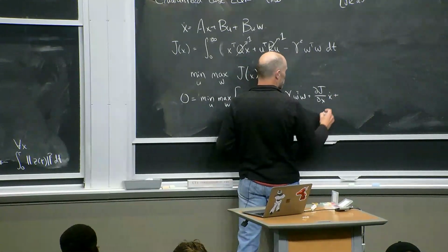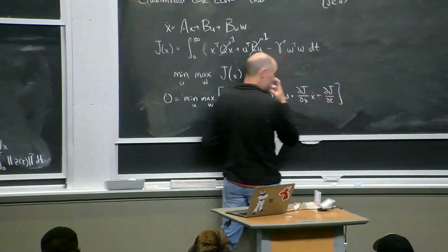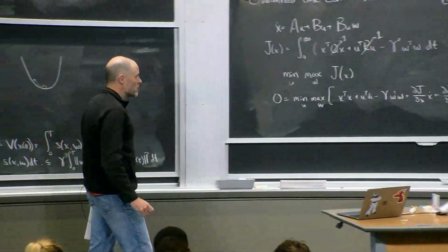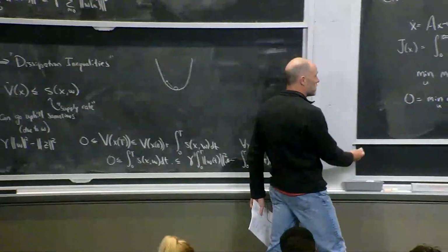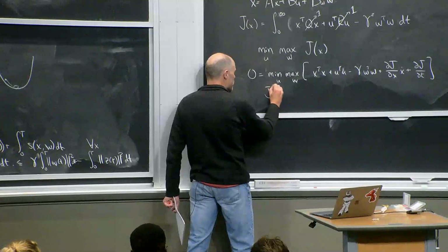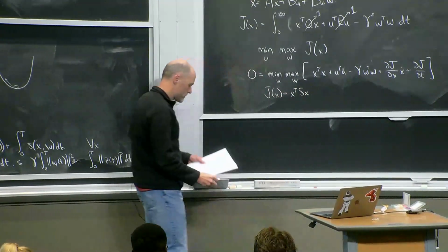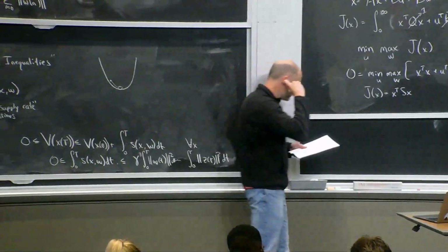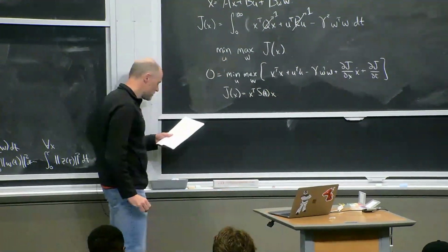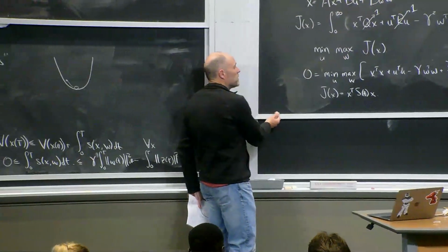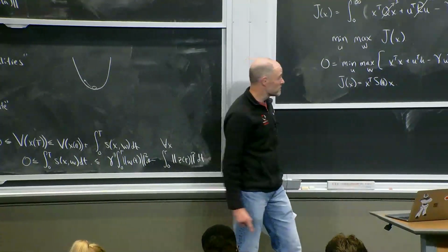In the full case, I would do partial J partial T also in the finite horizon case. You choose J of X equal to X transpose SX. In the full case, it has the T in it. And it turns out you can take this max over W first.